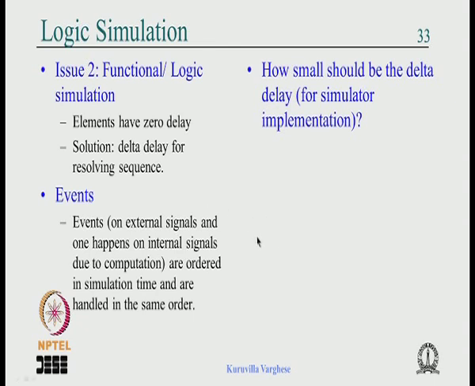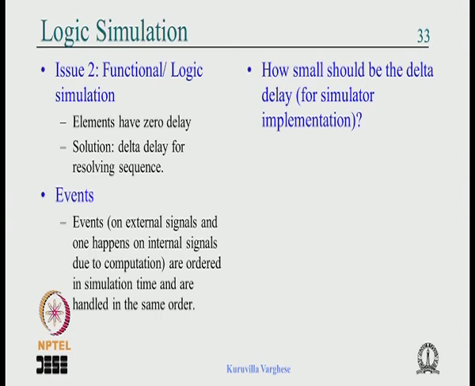Before that feedback topic, suppose you are a CAD tool trying to implement this delta delay: how small should this delta delay be? Because if you are trying to resolve this concurrency by delta delay, you have to give some value. Definitely it has to be smaller than any gate delay.